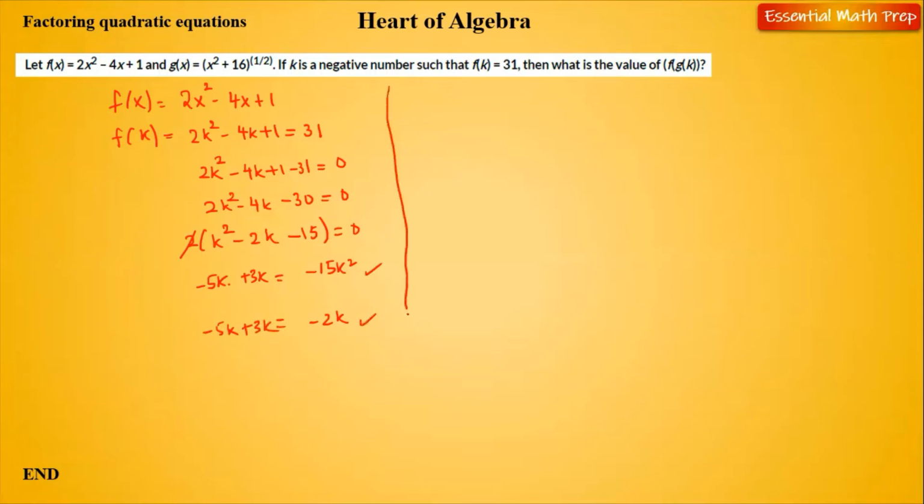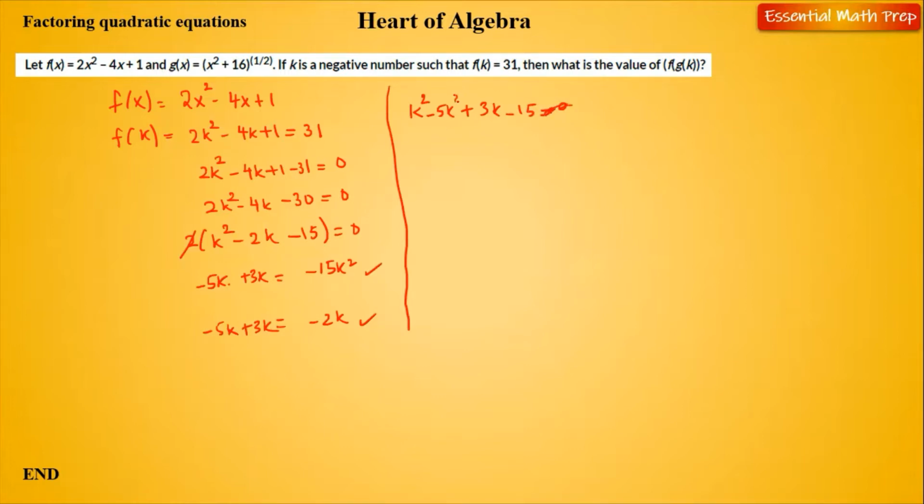So let's substitute negative 5k plus 3k in place of negative 2k. That will be k squared minus 5k plus 3k minus 15 equals 0.